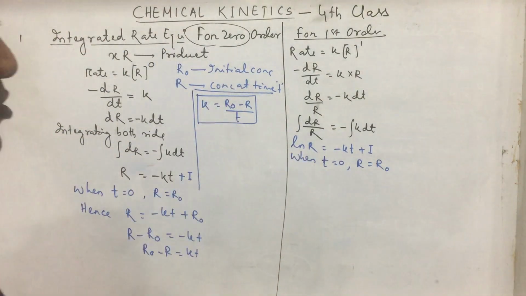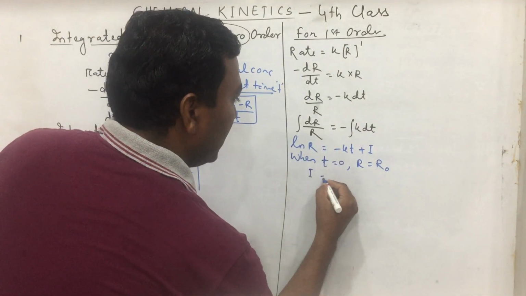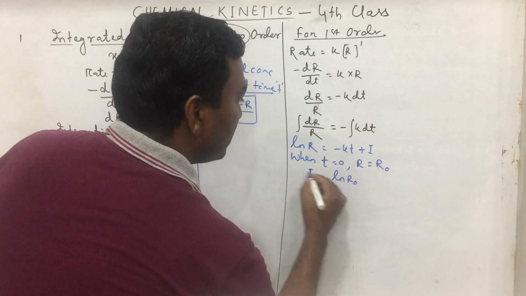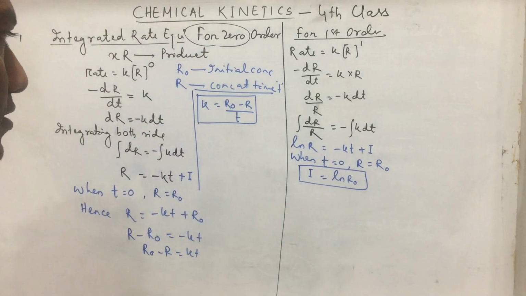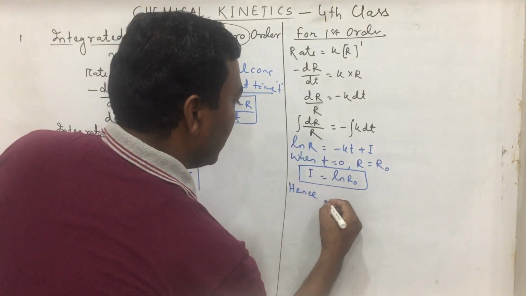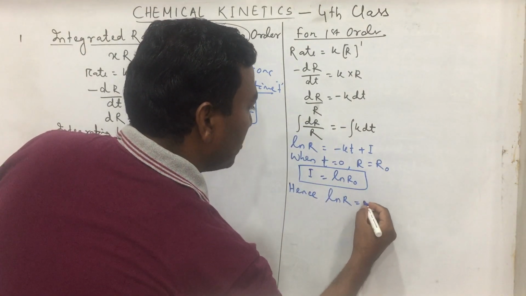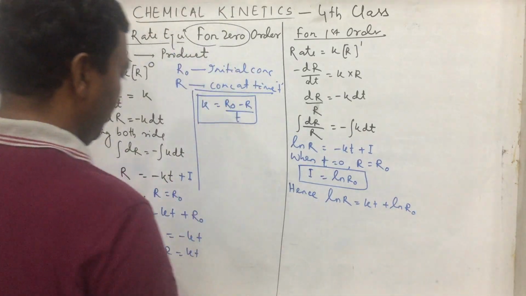If you substitute this, then I equals ln R naught. Put this value. Hence ln R equals minus Kt plus ln R naught.